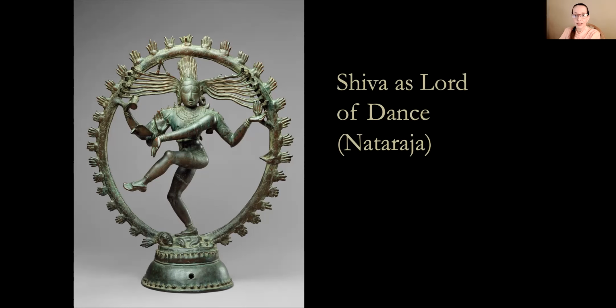The ring of fire that surrounds the figure is the encapsulated cosmos of mass, time, and space, whose endless cycle of annihilation and regeneration moves in tune to the beat of Shiva's drum. Right up here, he is taking this drum and striking it against this surface.